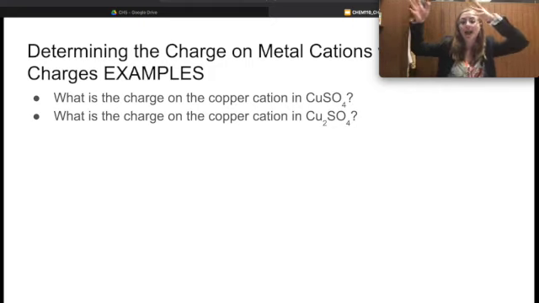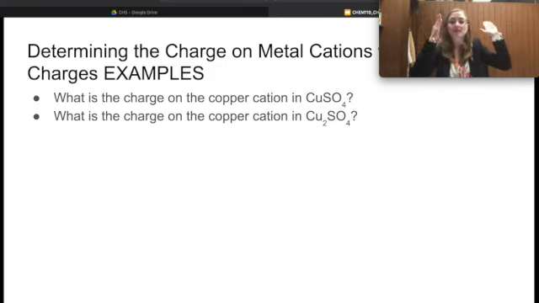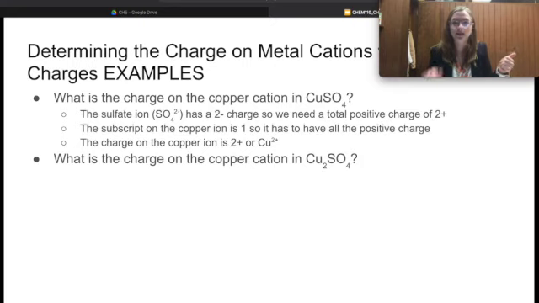So if my anion has a 2 minus charge, my copper has to have a 2 plus charge in this case, okay? The sulfate ion has a 2 minus charge, so the total amount of positives we have is 2 plus. The subscript on the copper ion is 1, so that ion has to take all of the positive charge.